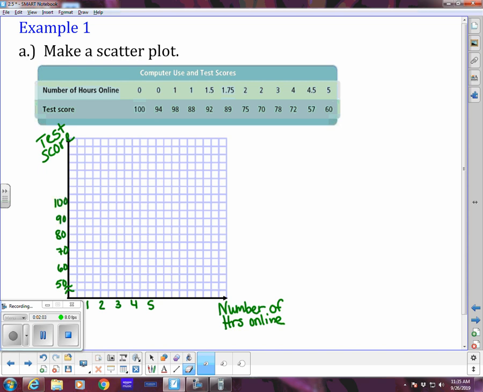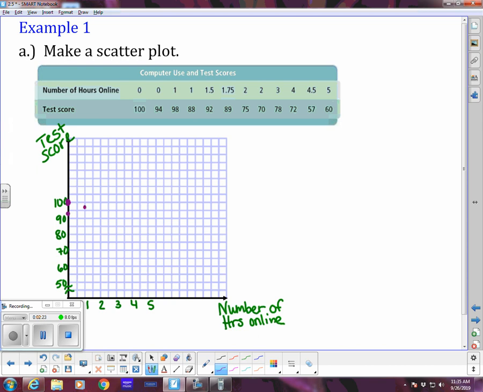Again, probably could have gone a little bit further out, but it doesn't really matter. So then all you have to do is plot the ordered pairs. 0, 100 would be right here. And 0, 94 is about right there. You're guesstimating as best as possible.